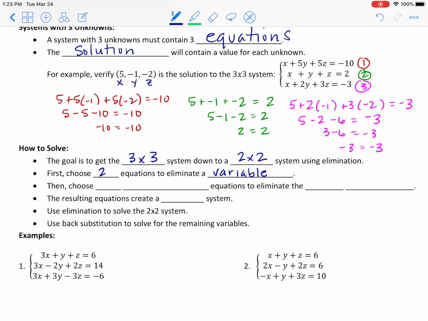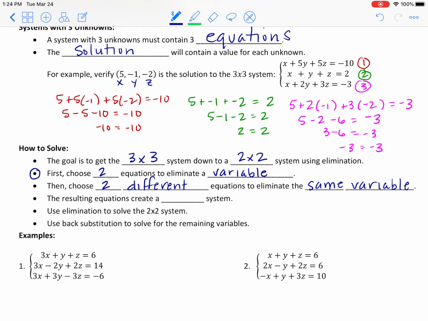Now in the next step, it's very important that we choose two different equations. So we choose two different equations, but eliminate the same variable. Okay, so in this step here, we choose two equations. Any two equations, we pick a variable, we get rid of it.